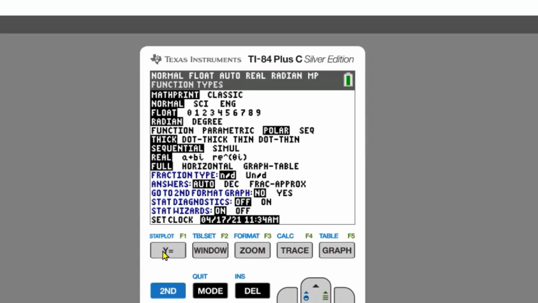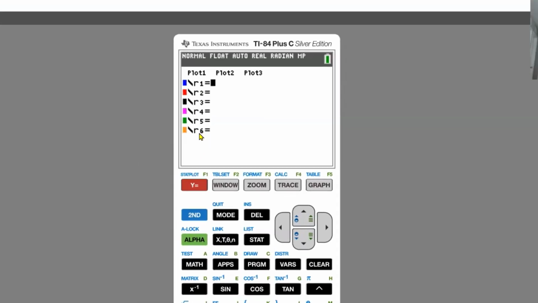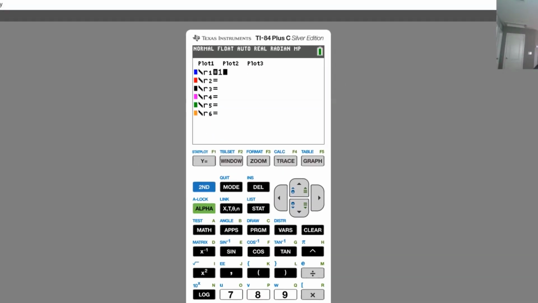So now notice if we go to y equals, it actually no longer says y, it says r. So the first equation that we did was 1 minus sine theta. So 1 minus sine, and notice this button here where we normally go to put in our x, it has a t, that's for the parametrics, and theta, we're going to choose theta.